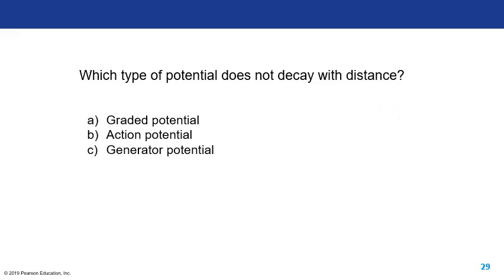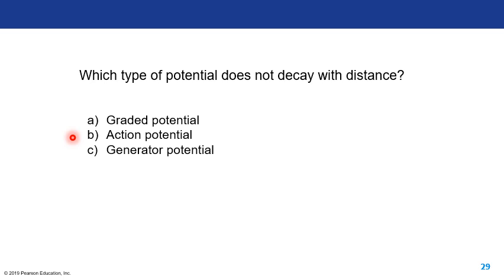Which type of potential does not decay with the distance? What's a generator? Oh, thank you, somebody gave up the generator. So you should really have like a 50% chance of getting this right.